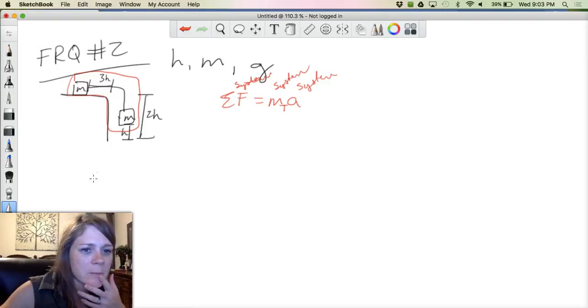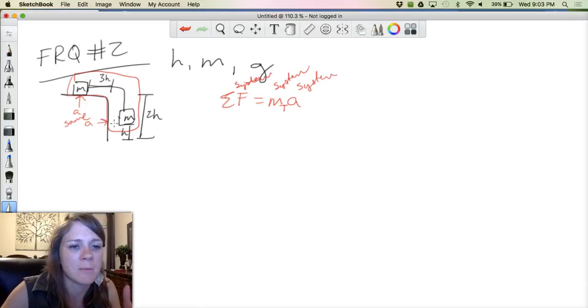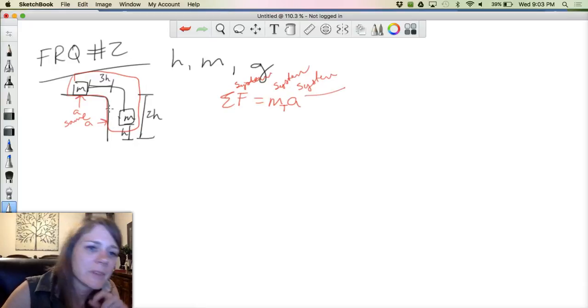So the sum of forces on both of those masses equals the sum of their masses times the acceleration of those masses. By the way, this block and this block will have the same acceleration because they are connected. That just kind of makes logical sense, right? That they will both accelerate at the same rate because they are connected as a system.